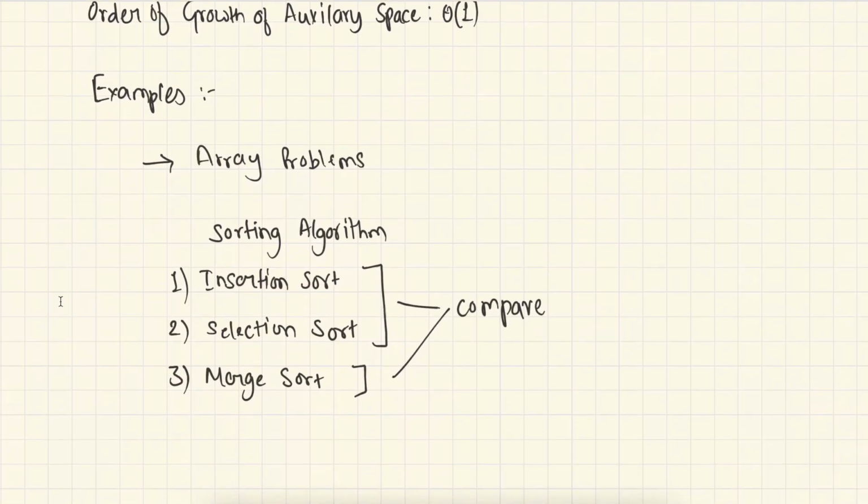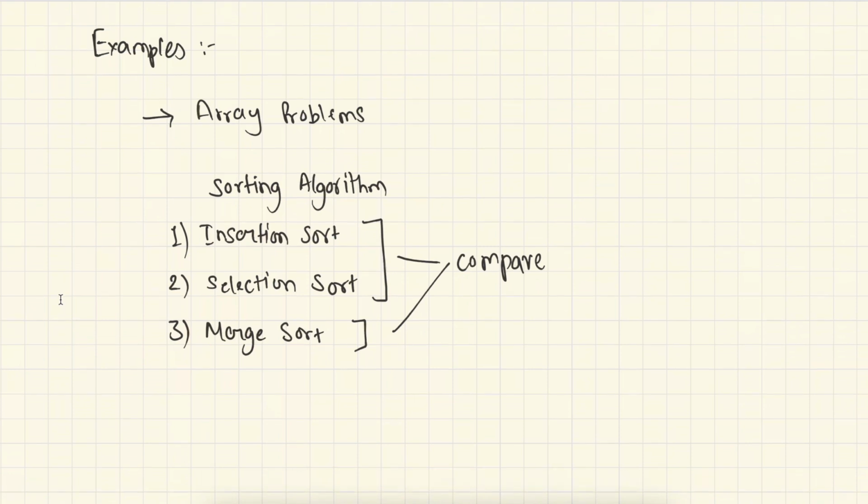Let's understand this with more examples. Let's say we are performing operations on arrays. Whenever we perform any operation on an array, obviously we have to pass this array inside the function. So anyhow the space complexity of that function is going to be theta n. So if we have 5 different functions to solve a problem, then all five functions are going to have theta n complexity, right?